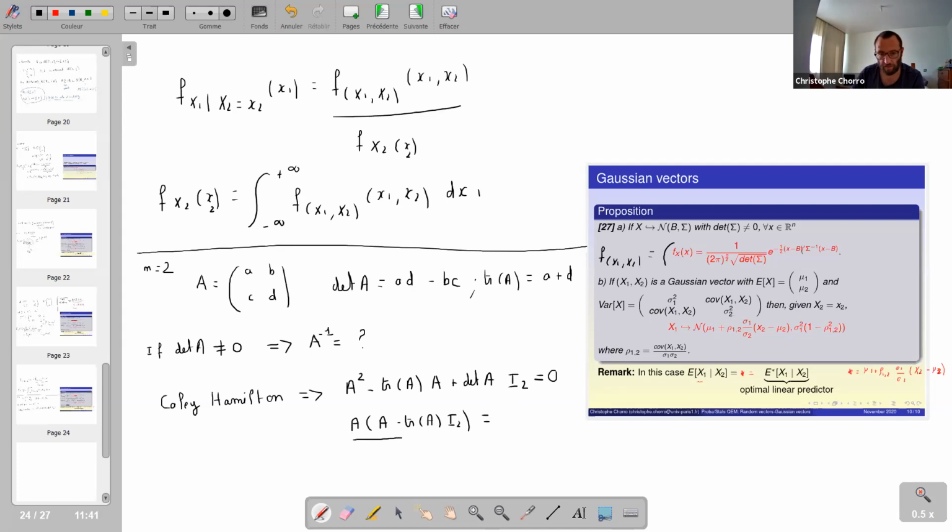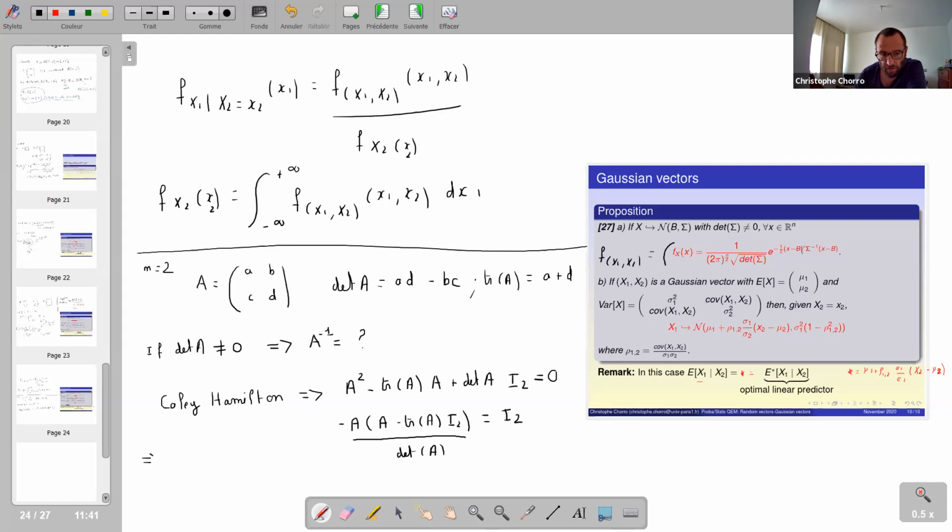I can divide by this one, put a minus before, and divide by the determinant of A, and I have the right to divide because my determinant is not 0, and I obtain the identity of size 2. From this relation I obtain this one: I make this term pass to the other side, put A into factor and divide by the determinant of A.